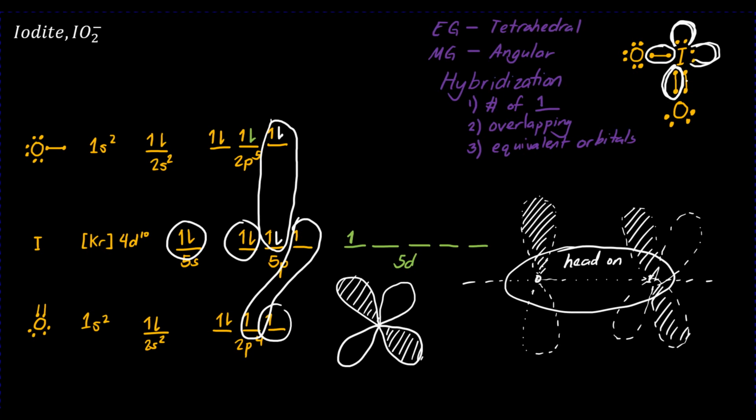The second bond between iodine and oxygen cannot occur in this region, and it's going to be a sideways overlap between these two. These two will overlap. Actually, I can make this drawing bigger to emphasize the overlap. Okay, so sideways, or side overlap.